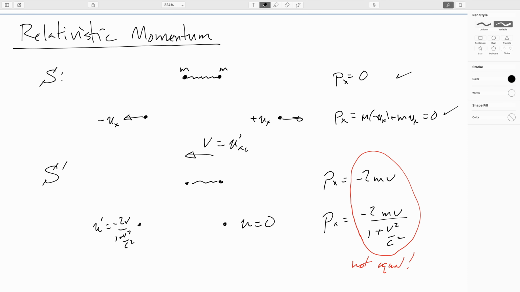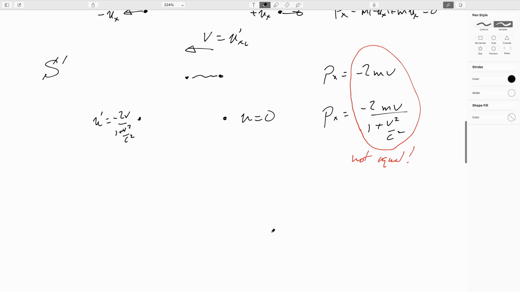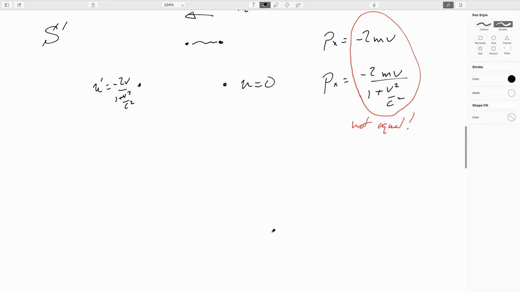And that turns out to be correct. Einstein was able to show that you can get momentum conservation to work all the time if you properly define momentum to be the mass times the velocity, and remember, we're using u for the velocity of the thing here, over the square root of 1 minus u squared over c squared.